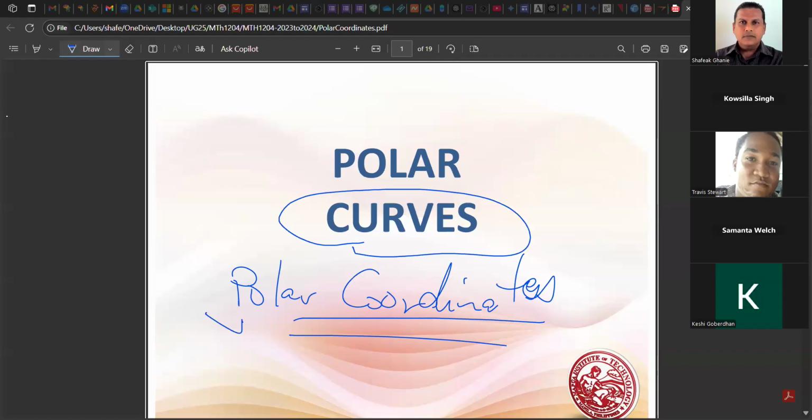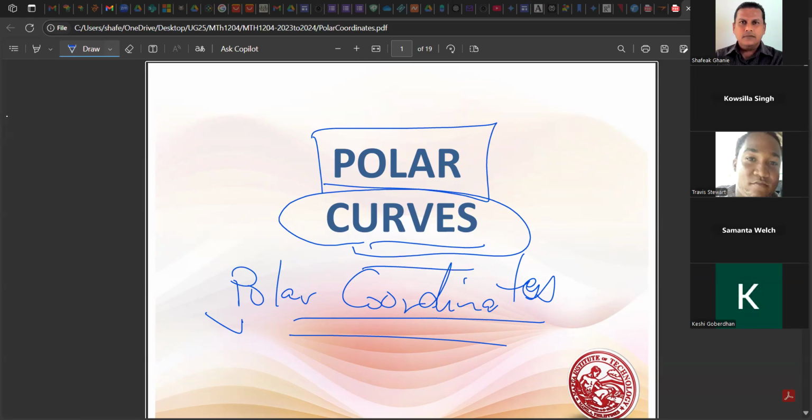You would notice that to use the Cartesian system to describe them, they would look rather cumbersome, and you might not be able to easily identify them. But using polar coordinates and the polar coordinate system, we can describe these curves in a very concise way.